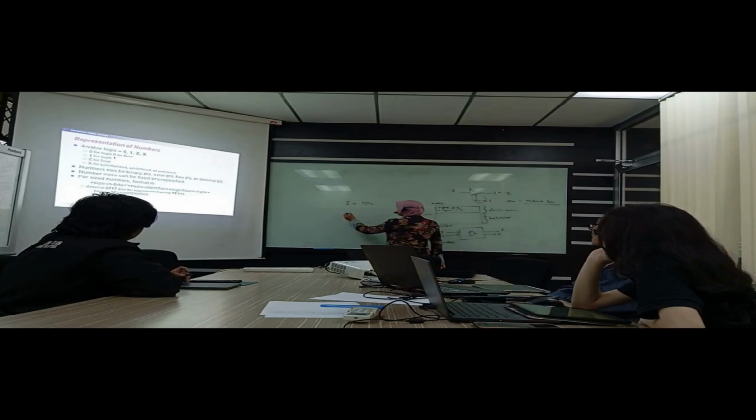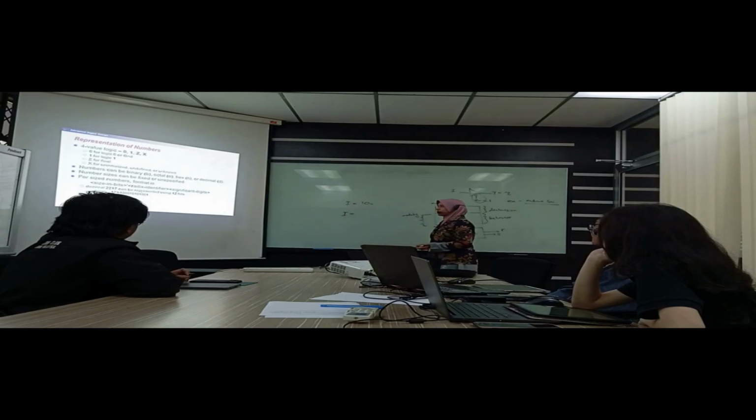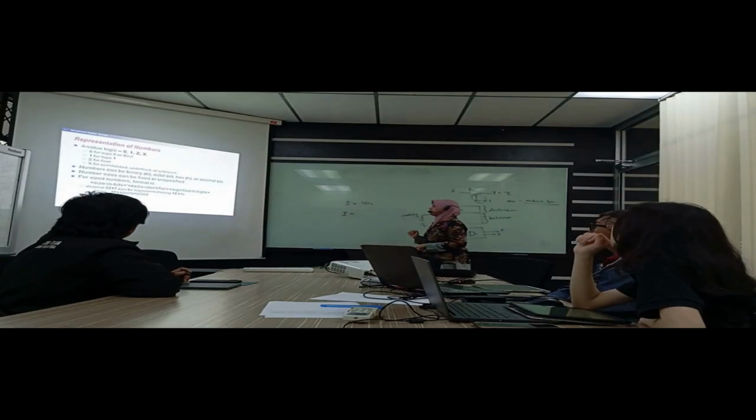Follow this format: the size, then the base, then the value. How can I write I in Verilog?